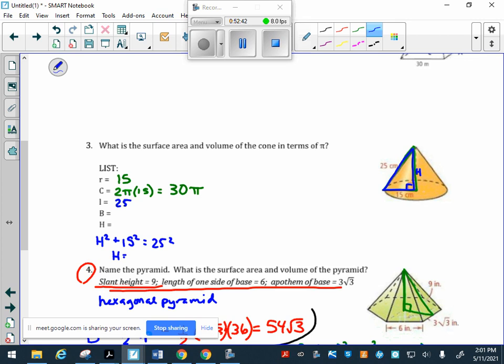Again, you might recognize that it's a 3, 4, 5 triangle. This being 3, the 4 being missing. 4 is going to turn out to be 20. Area of the base, well, it's a circle, so it's pi r squared. In this case, 15 squared.